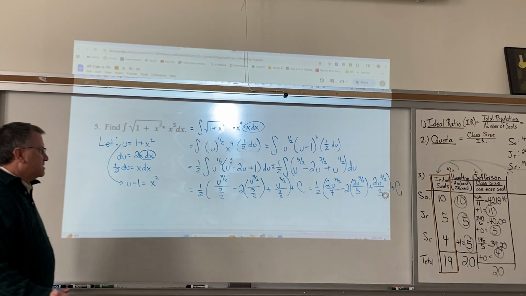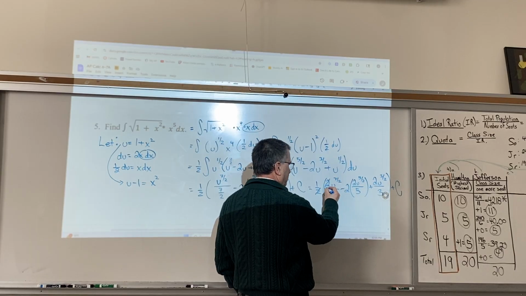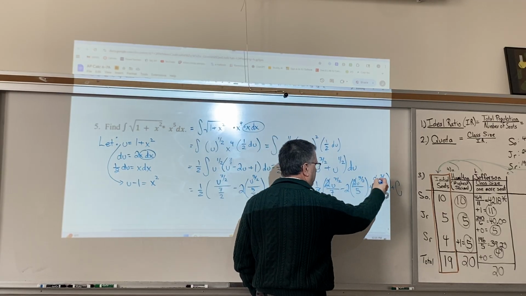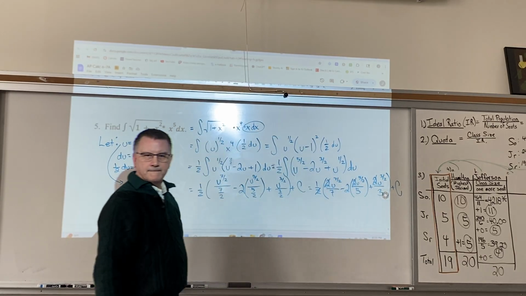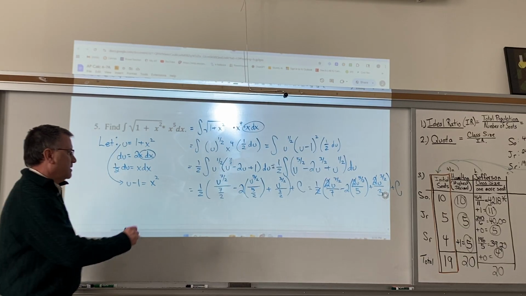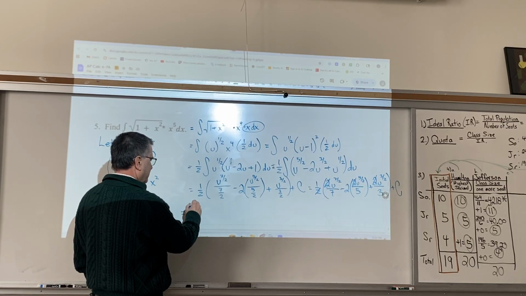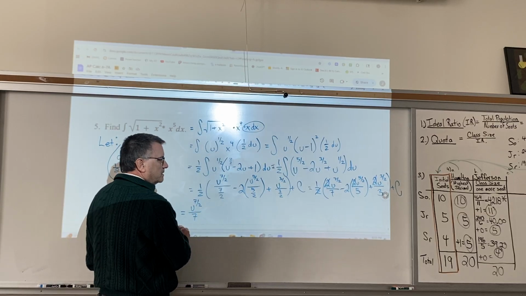But I noticed this 1/2 out here can cancel with the 2 here, the 2 here, the 2 there. So basically I'm left with u to the 7 halves over 7, and then we'll have to substitute back in.